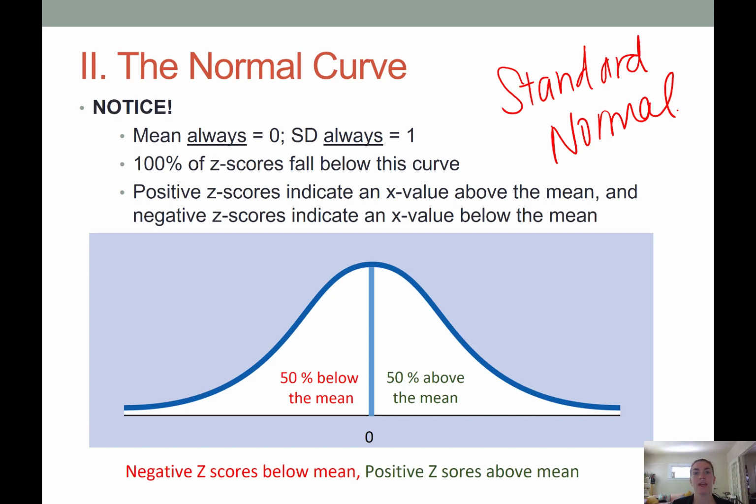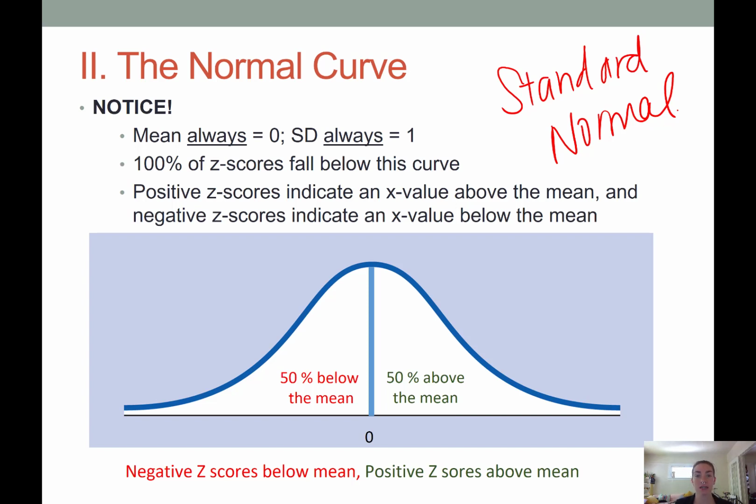So again, if we had computed a z-score for every individual of our sample, then all of those z-scores go into this distribution and make a perfect normal curve together with all the scores combined. Positive z-scores, as I've mentioned, are scores that fall above the mean, and negative z-scores are scores that fall below the mean.